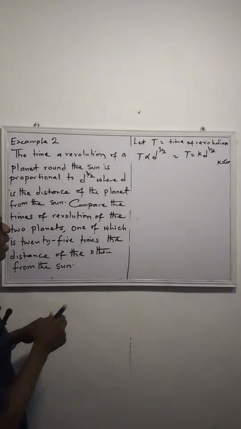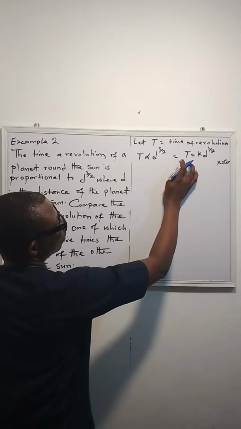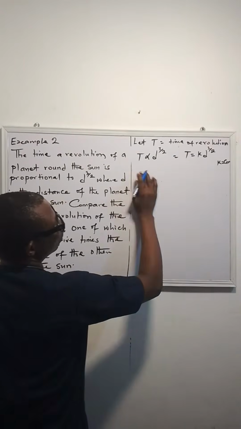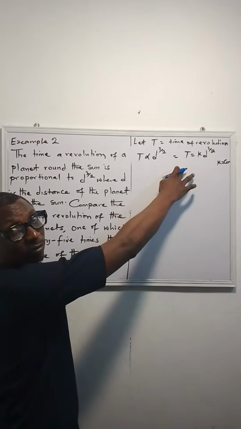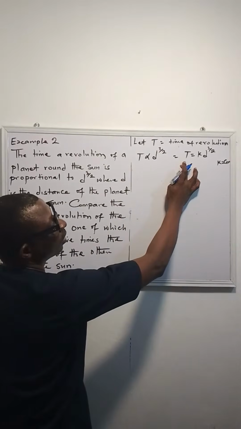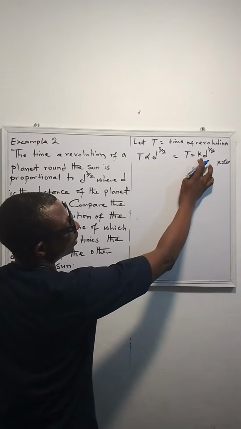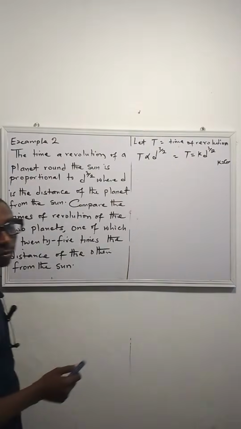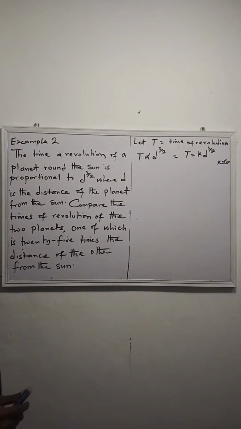All right, so now let's look at the first planet. The first planet's time of revolution around the sun will be T equals k d raised to the power of 3 over 2.